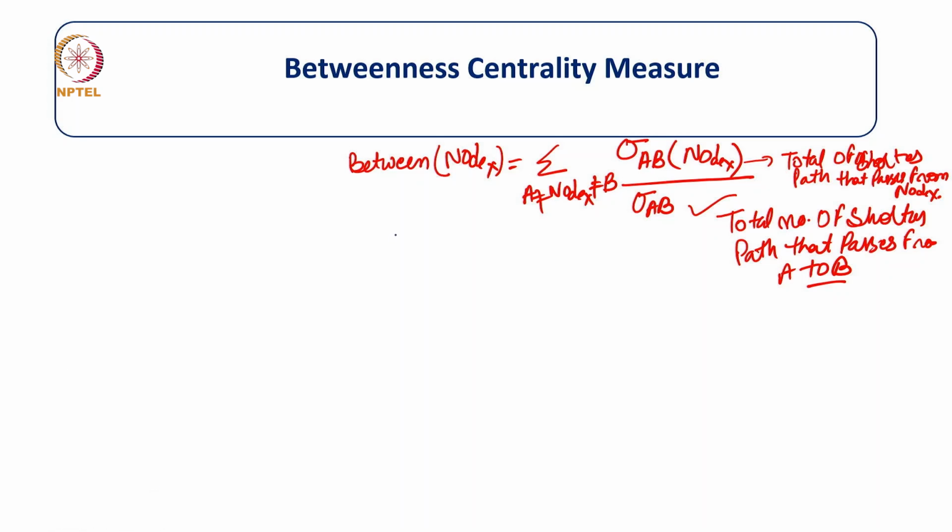Our example is this: we have this node Mohit, we have another node Priyanka, another node Mukesh, and another node Vijay, and this is the edge.